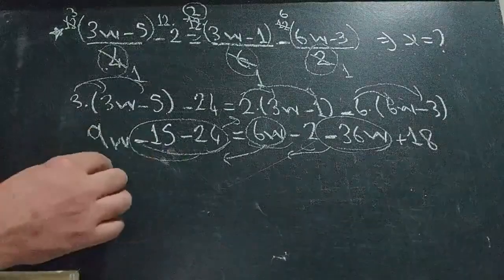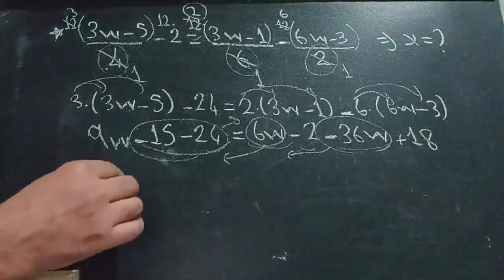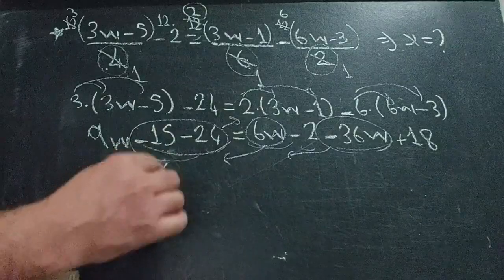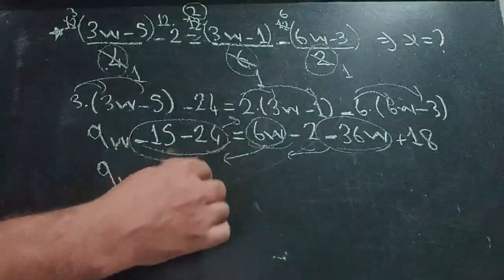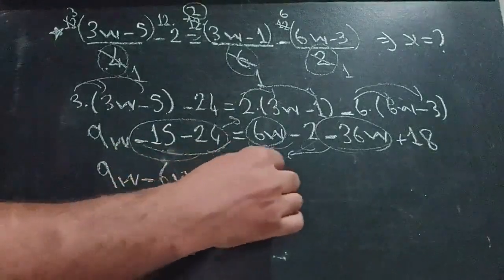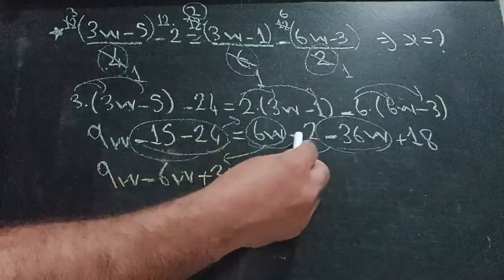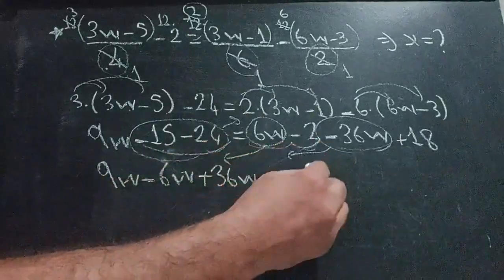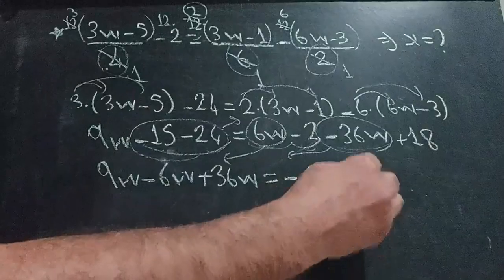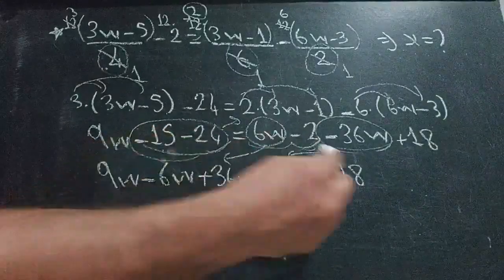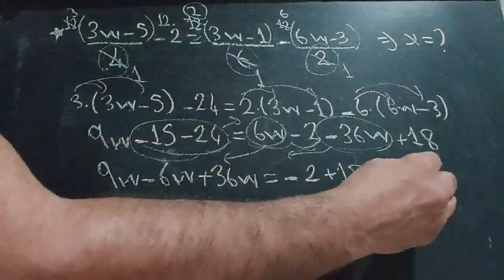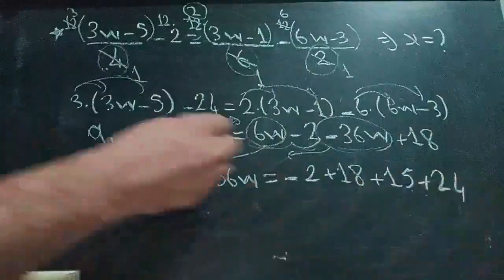So I will get 9w minus 6w plus 36w equals to negative 2 plus 18 plus 15 plus 24.